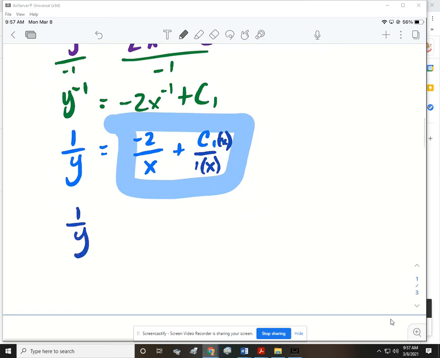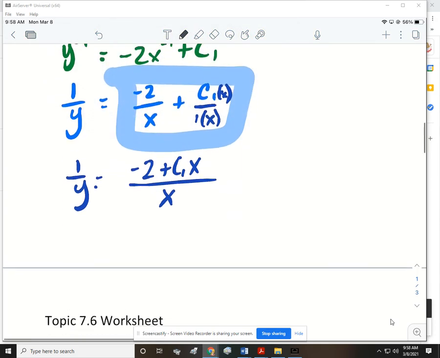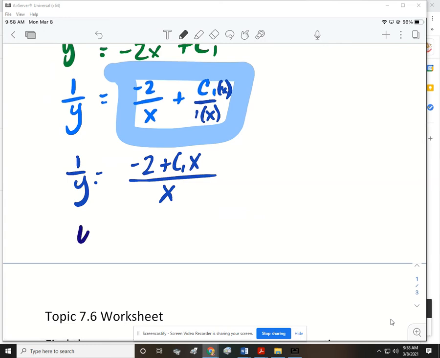So 1 over y is going to be equal to negative 2 plus c1x over x. All right, and then I'll do the reciprocal of each of those. And that is what y is going to be.